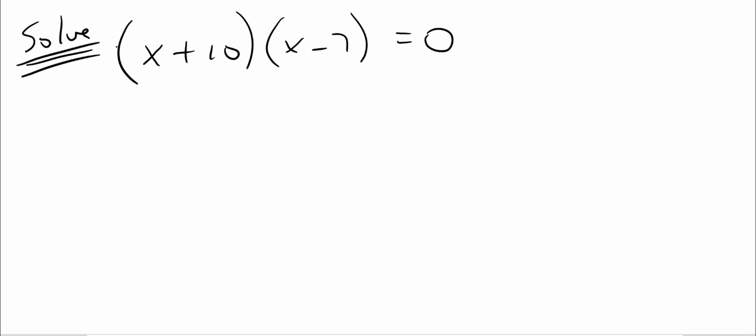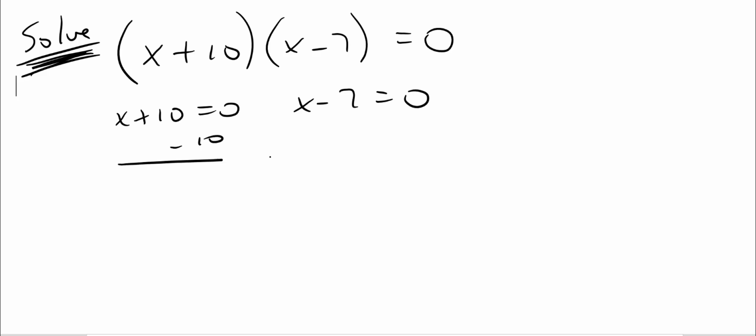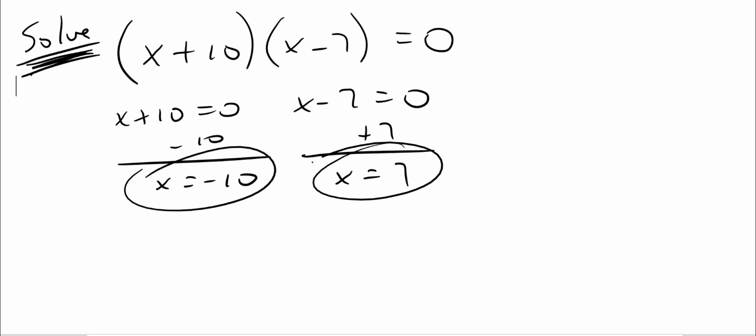If you FOIL this out, you're going backwards, because then you're going to have to factor it, and why would you do all that work? Solve in this form just means x plus 10 equals 0 and x minus 7 equals 0. So I subtract 10, x equals negative 10, and add 7 to both sides, so x equals 7. There's your two answers.